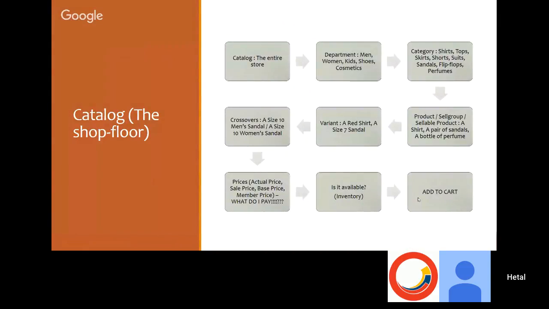So catalog. Basically catalog is the shop floor. When you walk into the store, whatever you see is the catalog, the entire store. And then in the store, you have departments.